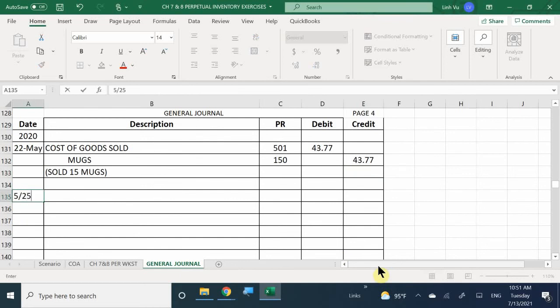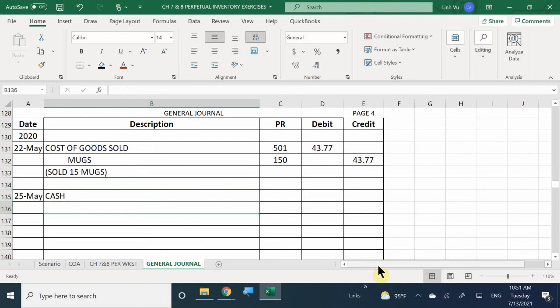So, 525. We still received cash. I got 1,050 with the discount. I got 900.